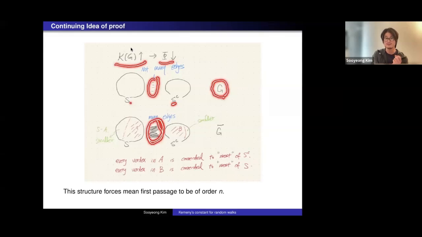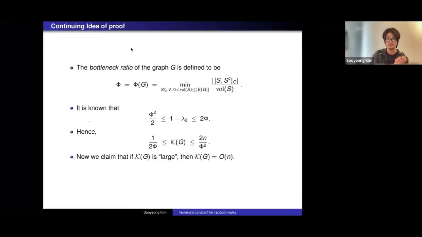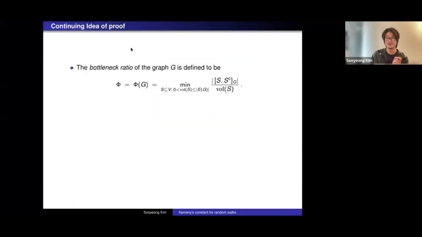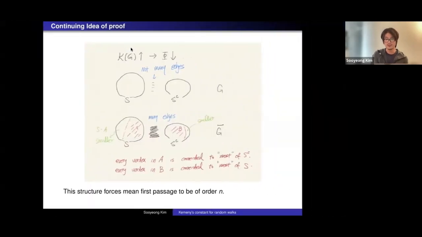And then we can get further information. Actually, I haven't really specified the condition of this, which is the maximum degree, right? So from this condition, we can obtain further information like this. In your sets S and S complement, you can pick sets A and B satisfying this condition.